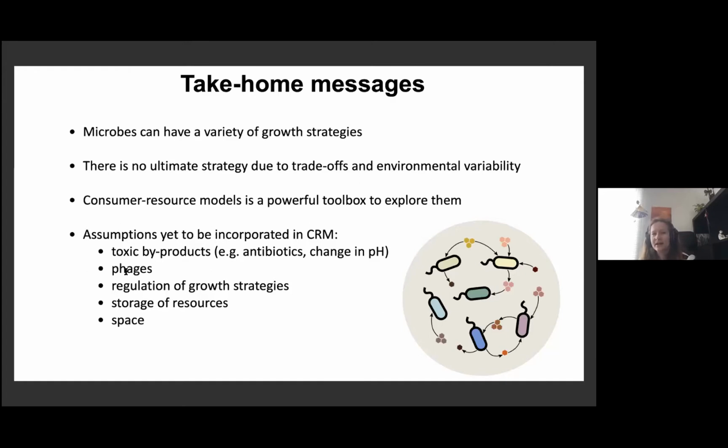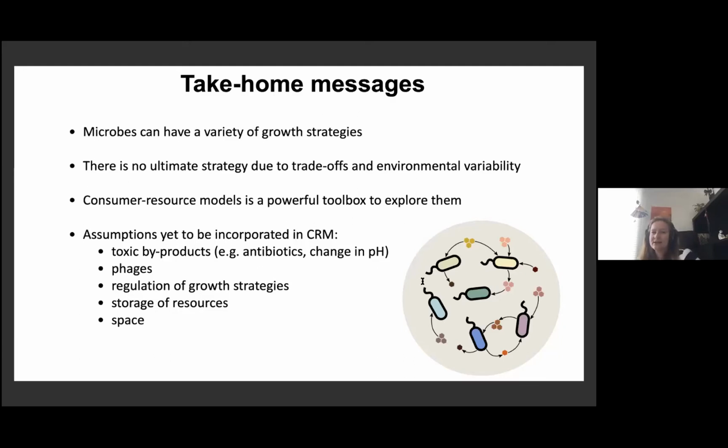Another interesting assumption that you can add to the model, and I think it partially relates to this switch between fermentation and oxidation and so on, is that sometimes a microbe can actually store resources for the future.